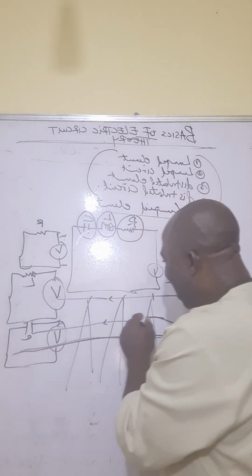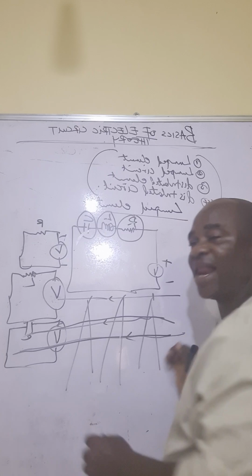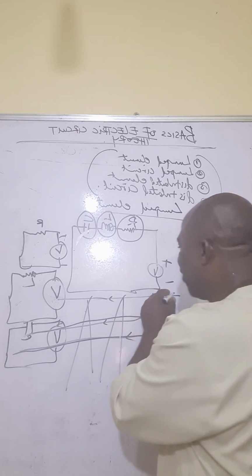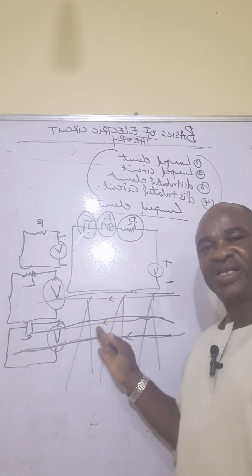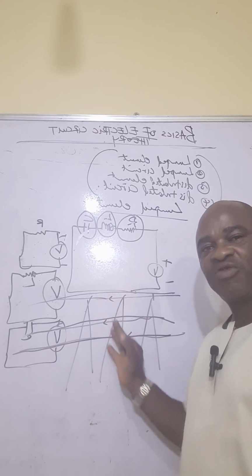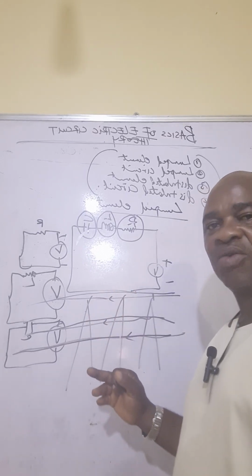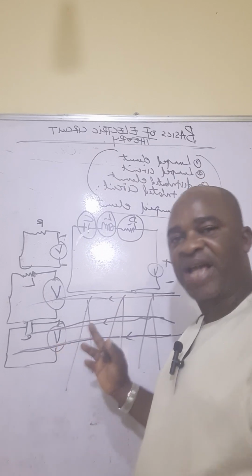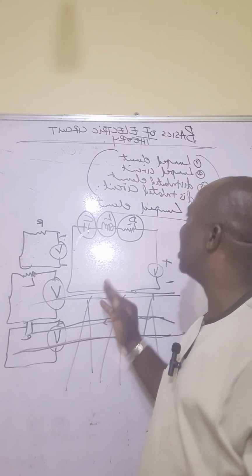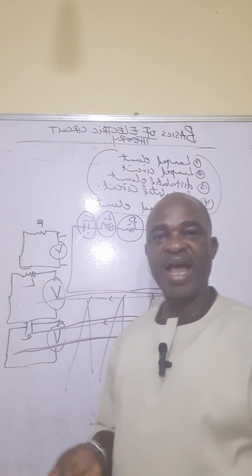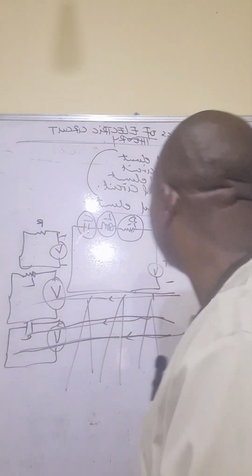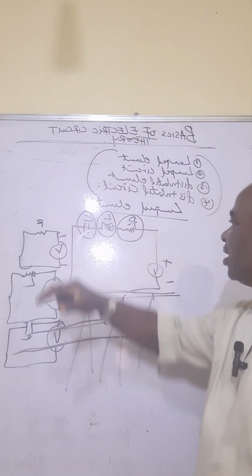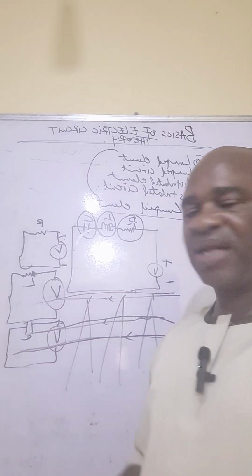The inductance is distributed along this line entirely. The resistance is distributed entirely on this line. They are not fixed. They are not separated. You cannot detach them, just like you can detach the lumped elements. So you can see these are the major differences between lumped elements and distributed elements.